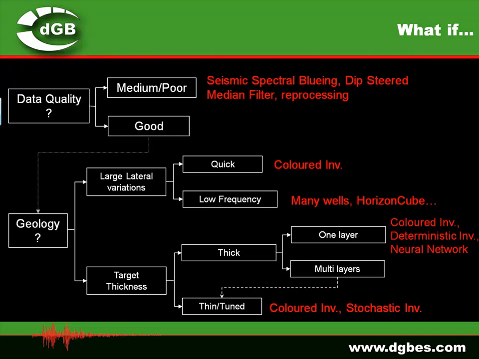So you can do deterministic inversion, and colored inversion is also good. If you have multiple layers, then it's like if you had thin layers, and then you will more use colored inversion and stochastic inversion because you have to take it into account.